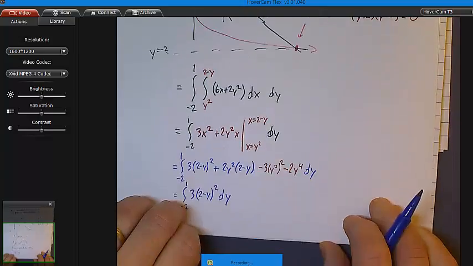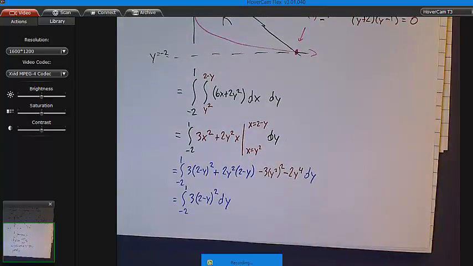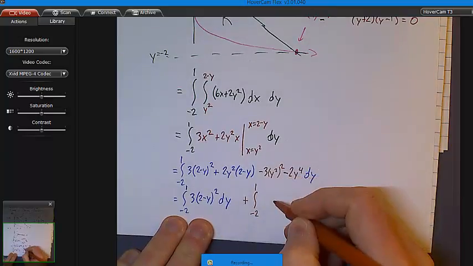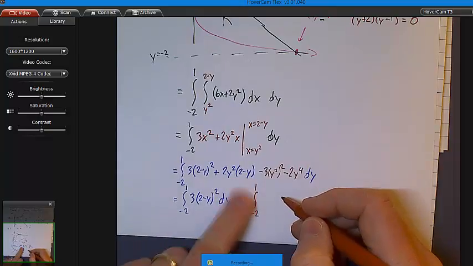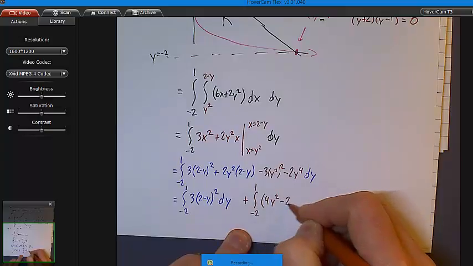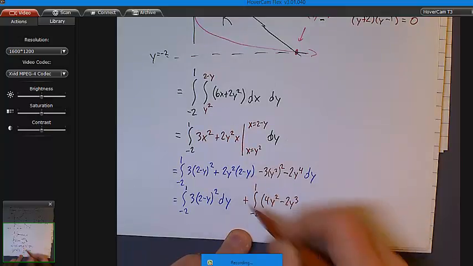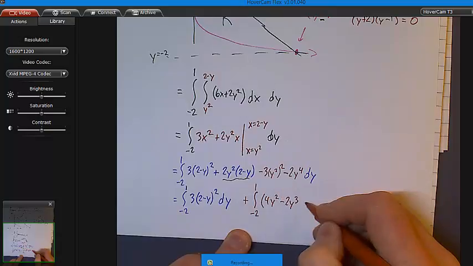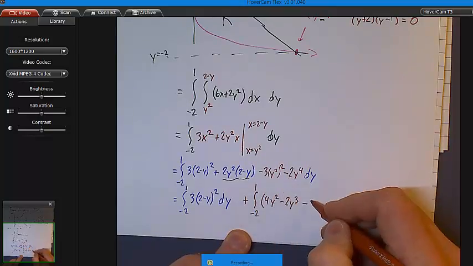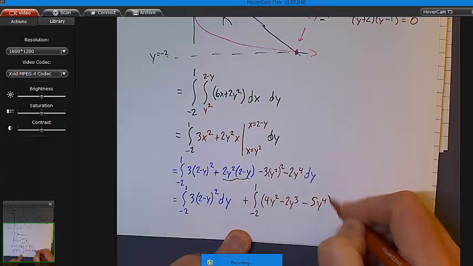This is a piece of the integral, right? It's just the first term. And then the rest of it, I'll actually do a little bit more simplifying. So plus the integral from negative 2 to 1. Let's see. I could distribute that 2y squared and I get 4y squared minus 2y cubed from that other blue piece, minus, now I'm counting 3y to the 4th and 2 more y to the 4th is minus 5y to the 4th dy.